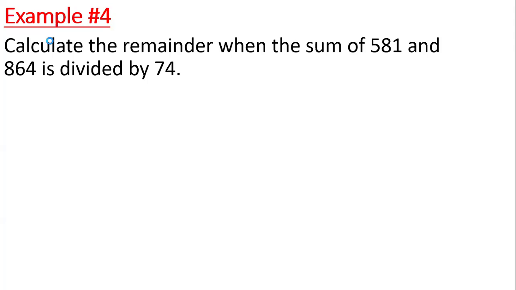Jeremiah Rule, are you there? Yes, sir. What are we gonna do for this? Read the question for me, please. Calculate the remainder when the sum of 581 and 864 is divided by 74.